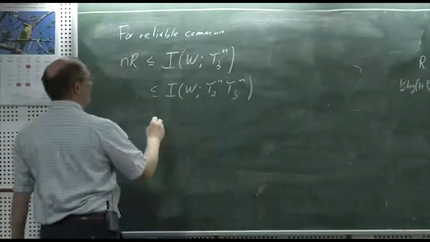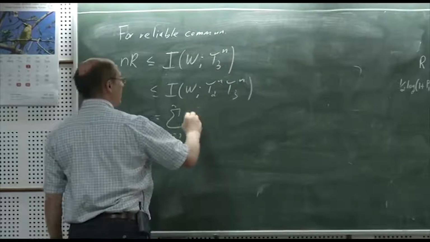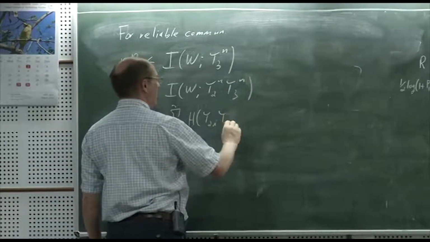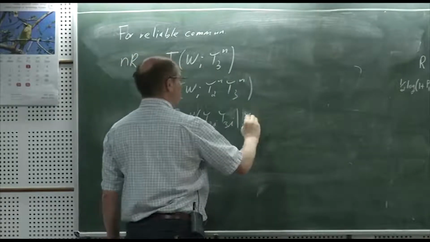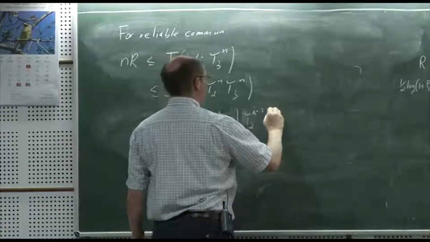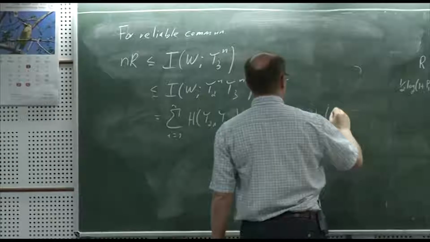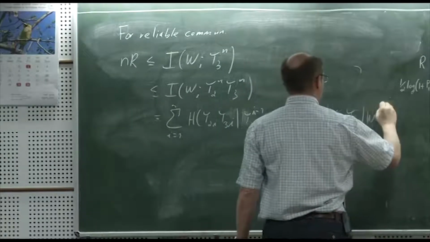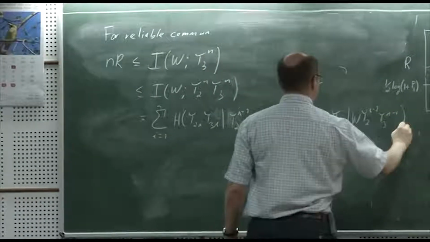And now we just repeat everything. So this is summation from i equals 1 to n, h of y2i, y3i given y2i minus 1, y3i minus 1, minus h of y2i, y3i given w, y2i minus 1, y3i minus 1.